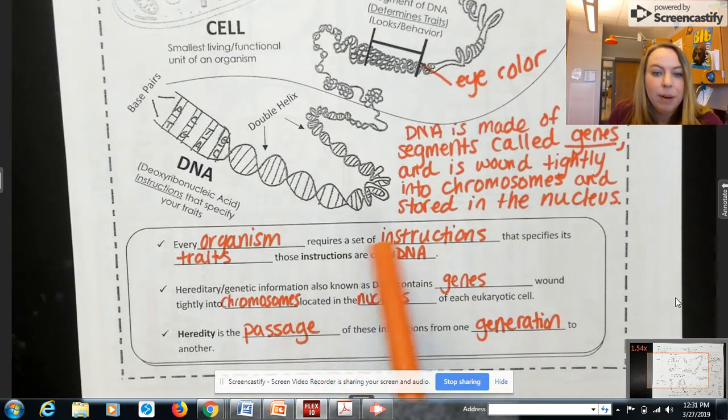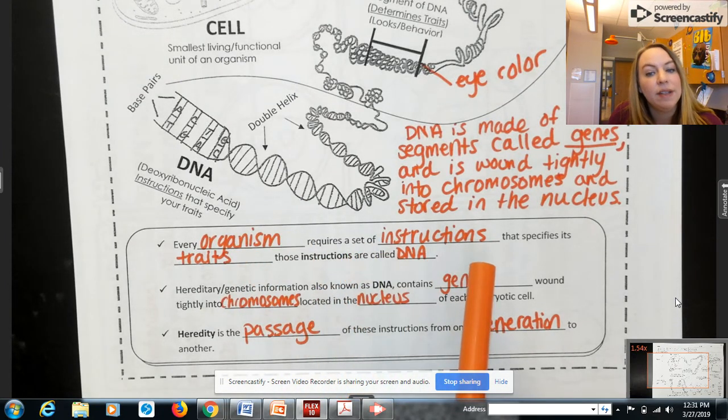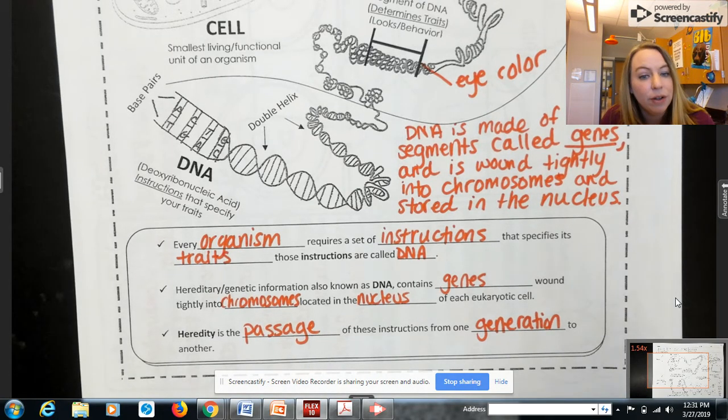Okay, so down here at the bottom, we've just got some fill in the blank, and it says every organism requires a set of instructions that specifies its traits. Those instructions are called DNA. We've also referred to those instructions as like a cookbook or something like that. But they're the instructions, the blueprints for the cell.